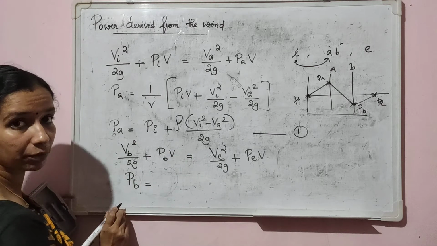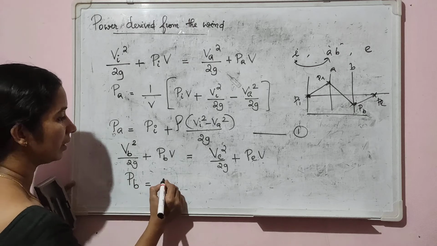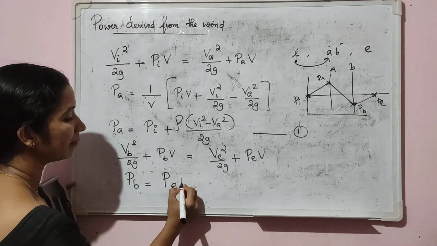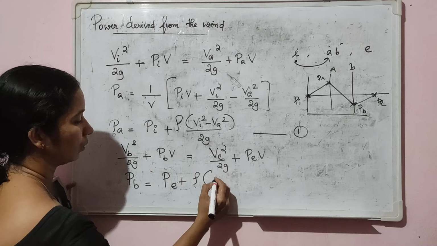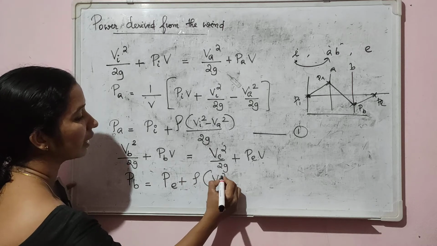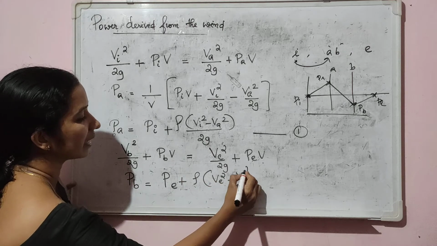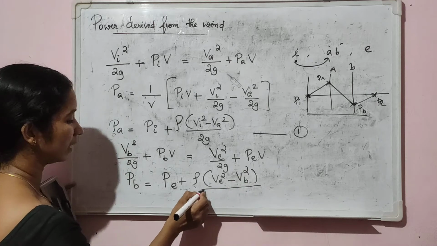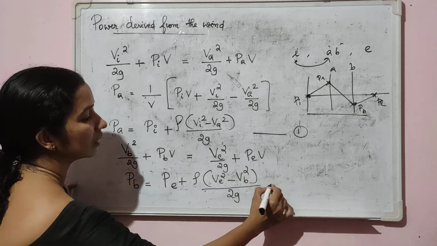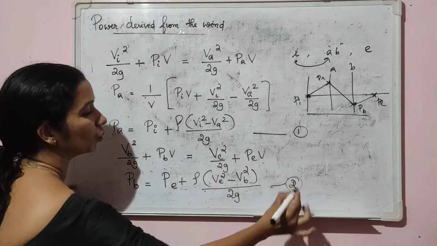Pb is equal to Pe plus rho into Ve square minus Vb square divided by 2G. This is equation number 2.